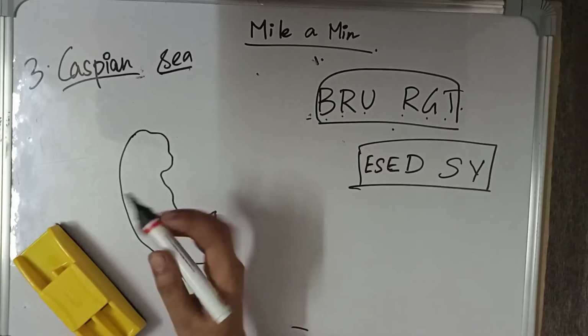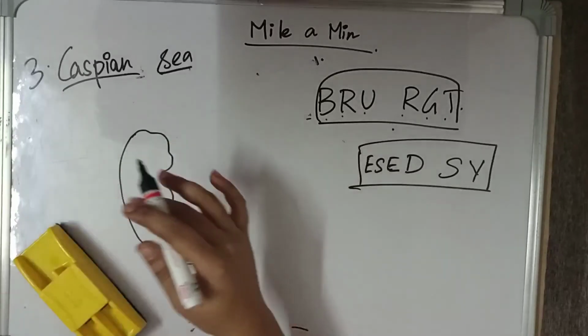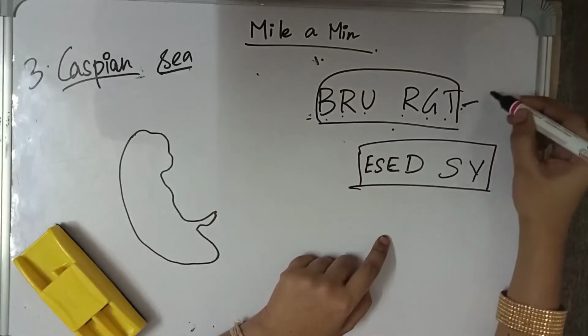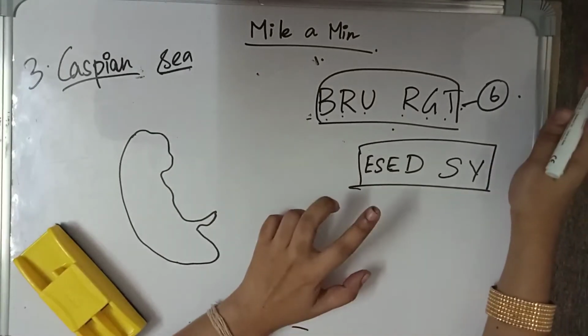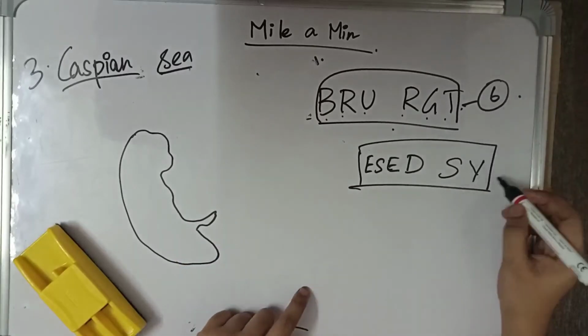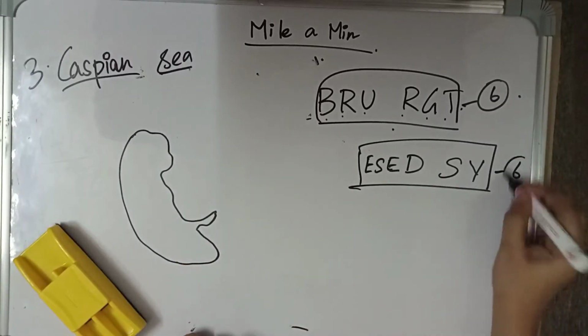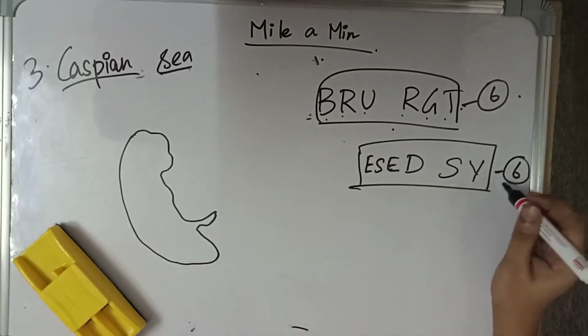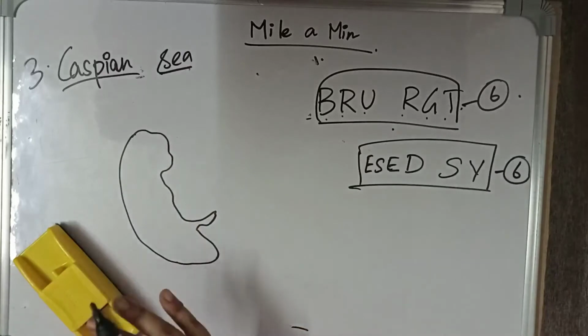Red Sea is bordered by 6 countries. Black Sea is bordered by 6 countries: Bulgaria, Romania, Ukraine, Russia, Georgia and Turkey. And here in Red Sea also it is 6 countries: Egypt, Sudan, Eritrea, Djibouti, Saudi Arabia and Yemen. And in Caspian Sea, let us see.